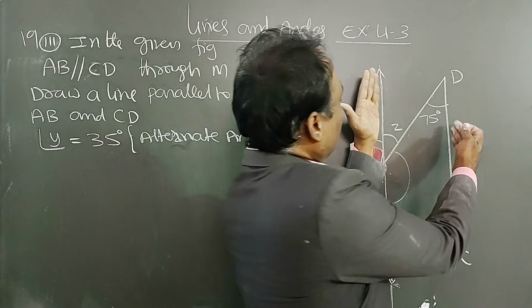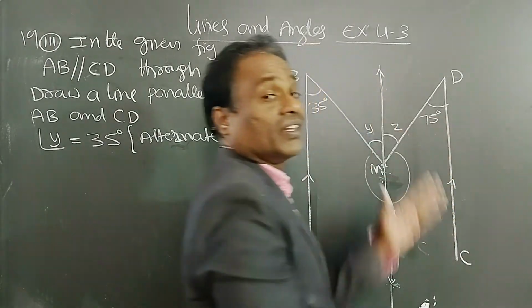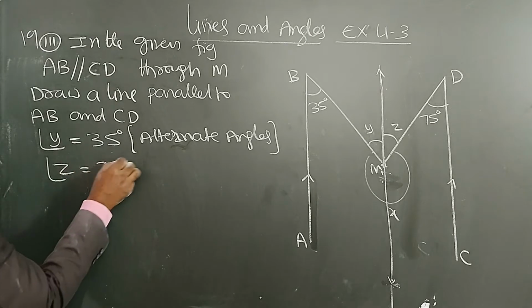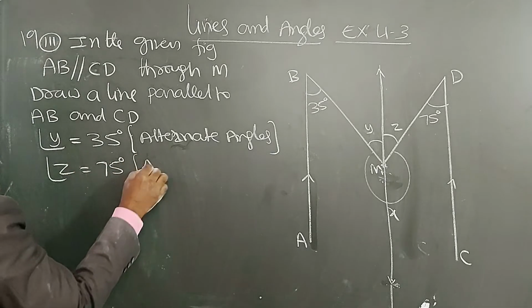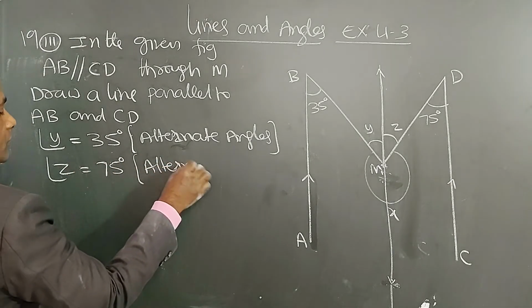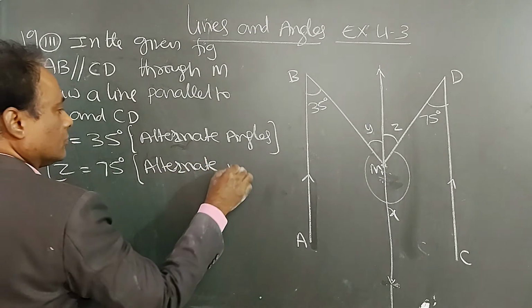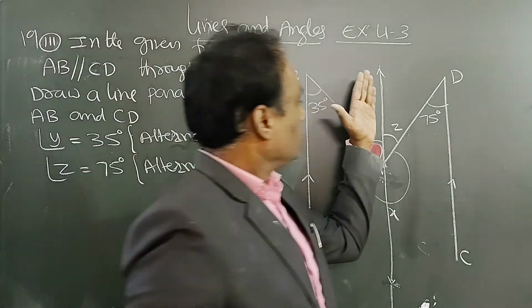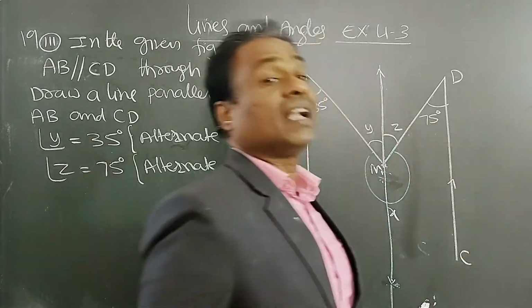See here, these two are parallel with a transversal. Z is equal to 75, alternate angles.